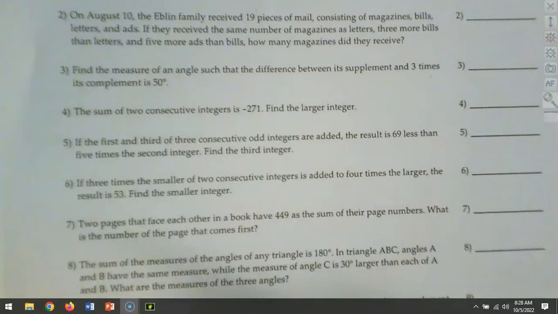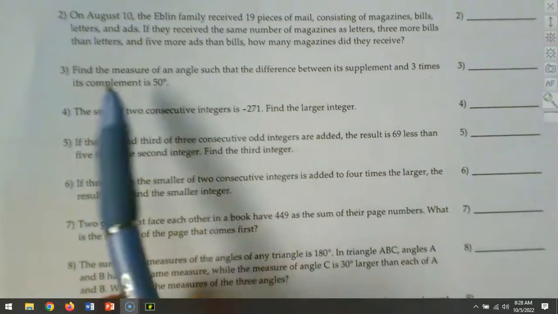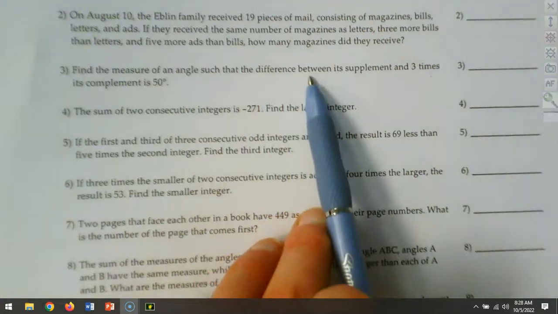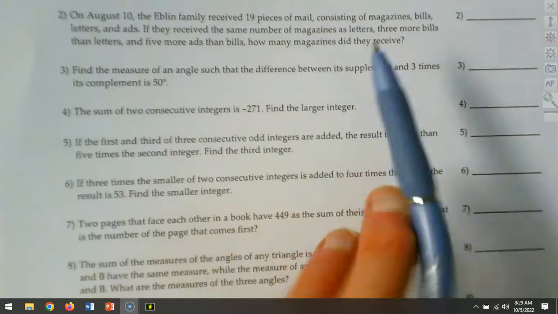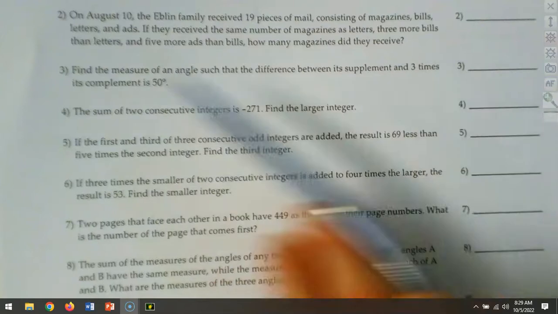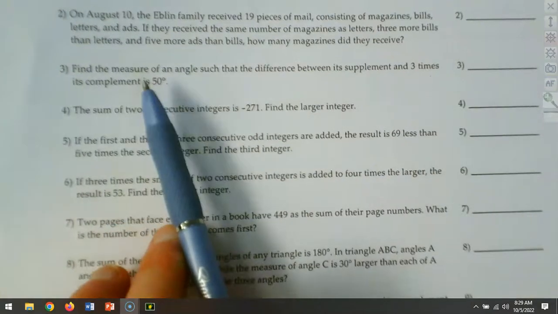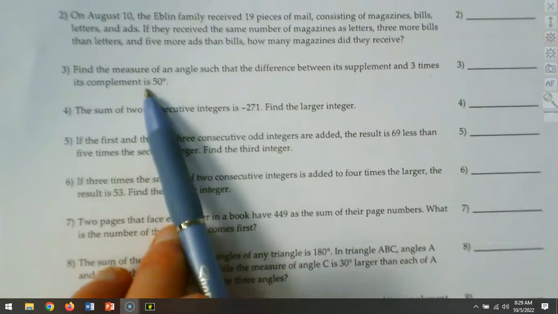And what's our equation going to look like? We want the difference between, so that means subtract, the supplement and 3 times its complement is 50 degrees. Is means equals.